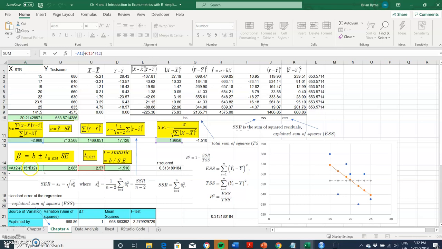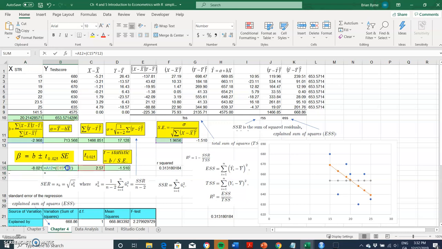So 2.57, and multiply that by the standard error of 1.9656, and we get a value of negative 8.021. So this is at the lower end of the distribution for the t-distribution. And then at the higher end, the upper boundary is 2.085.